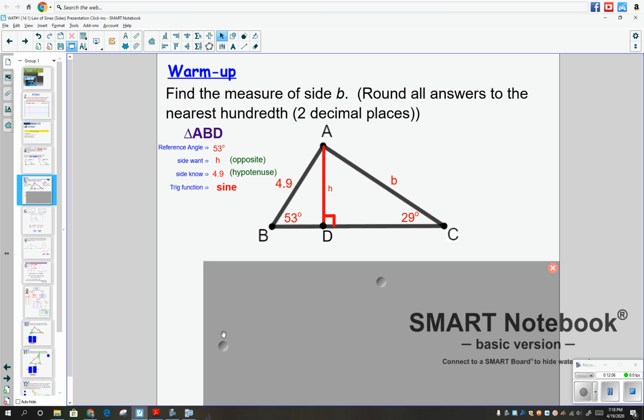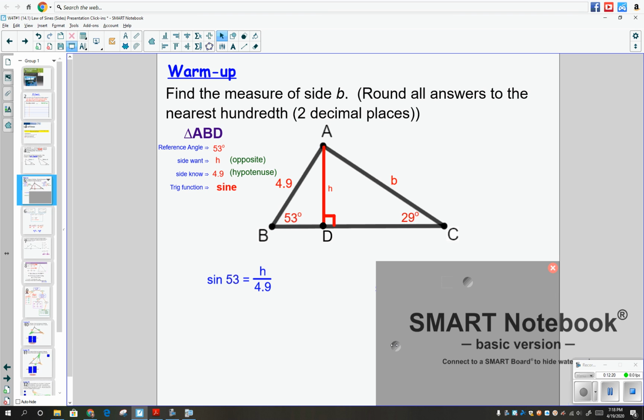So let's use this. Sine of the angle, sine of 53 equals the ratio of opposite over hypotenuse. The opposite side being H and the hypotenuse being 4.9. Well, let's solve for H. How do I clear fractions? Multiply both sides by 4.9.